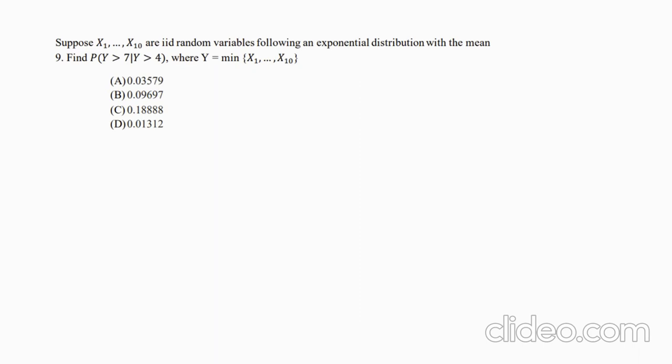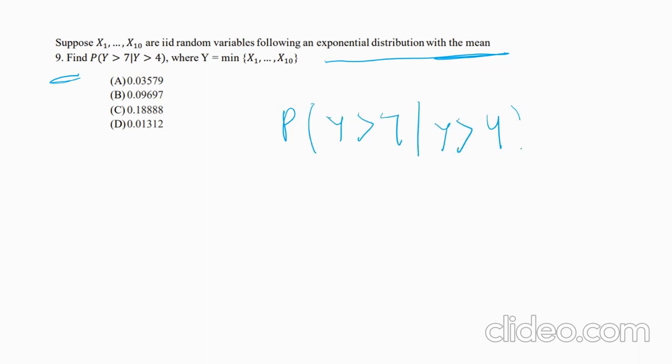Next question here is that x1, x2 up to x10 are IID random variables following an exponential distribution with mean 9, and then we want to find this probability of y greater than 7 given y greater than 4.